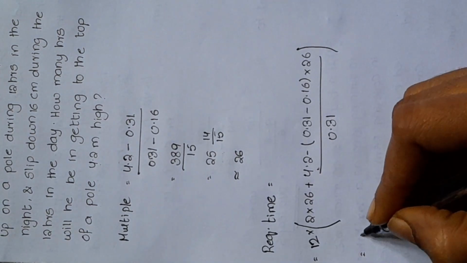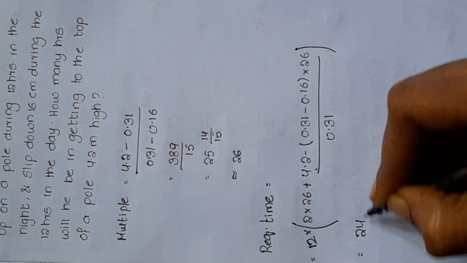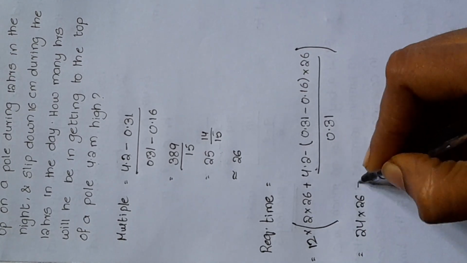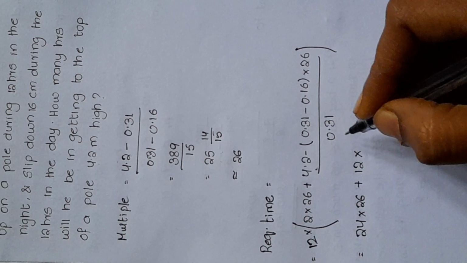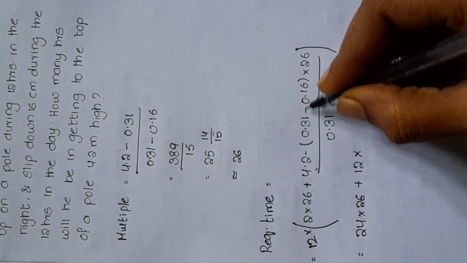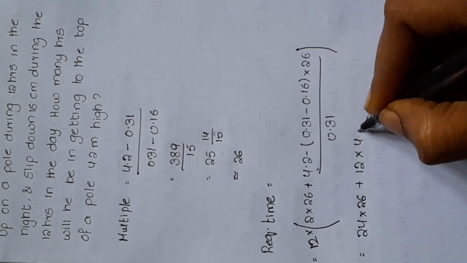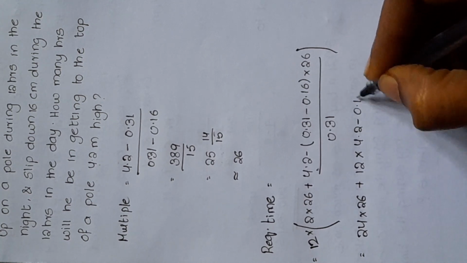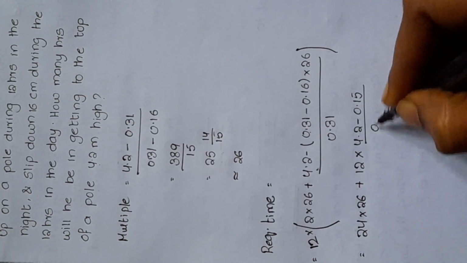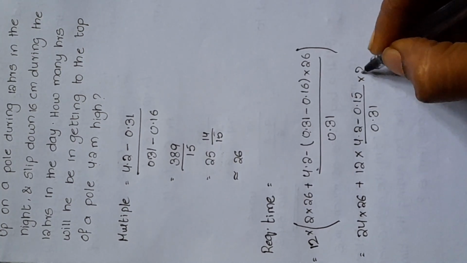This can be written as 2 into 12 is 24 into 26 plus 12 into 4.2 minus 0.31 minus 0.16 is 4.2 minus 0.15 by 0.31 into 26.